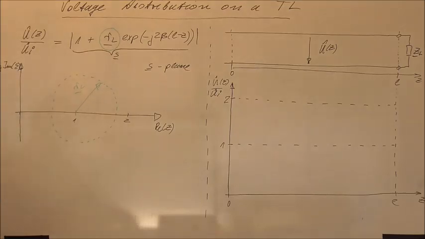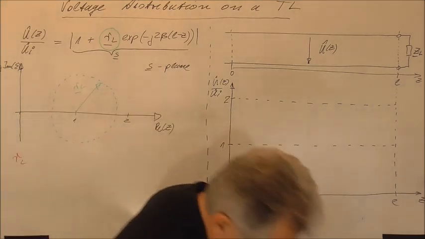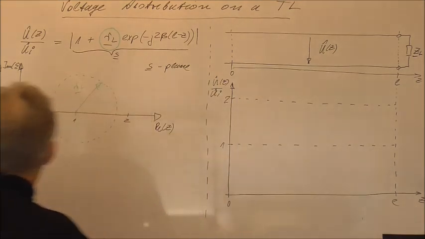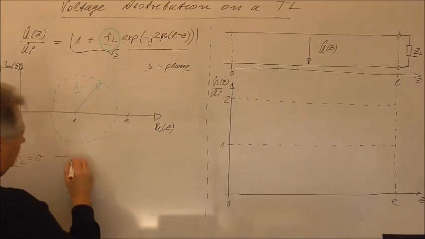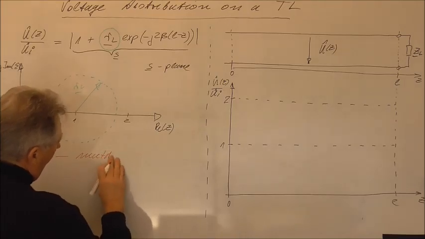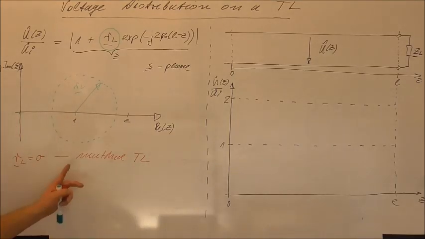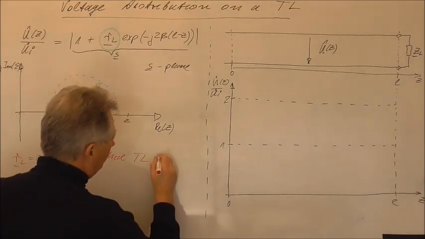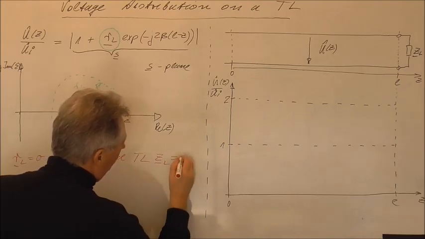First I want to discuss the case of matching, which means RL is equal to 0, which corresponds to a matched transmission line, which again means that ZL in this case is equal to ZC.